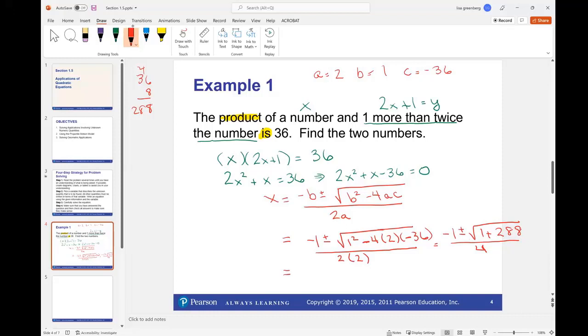And then I'm going to separate this into negative 1/4 plus or minus the square root of 289 divided by 4. Now, do we know what the square root of 289 is? Well, you can take out your calculator. So the square root of 289 is 17, which means I have negative 1/4 plus or minus 17 over 4.